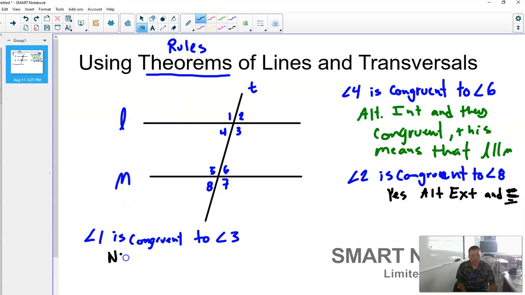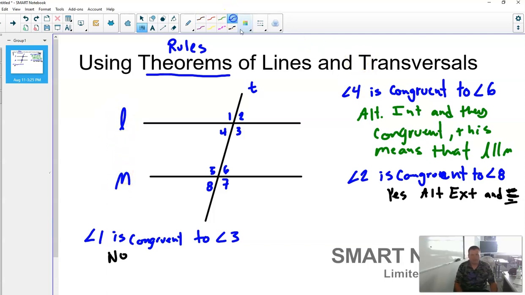And the answer to that is no. This is a true statement. 1 and 3 are always congruent, because they are vertical angles, if you remember from the previous idea. But it tells us nothing about whether these lines are parallel or not.